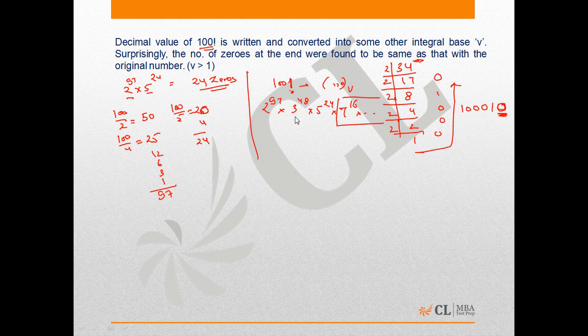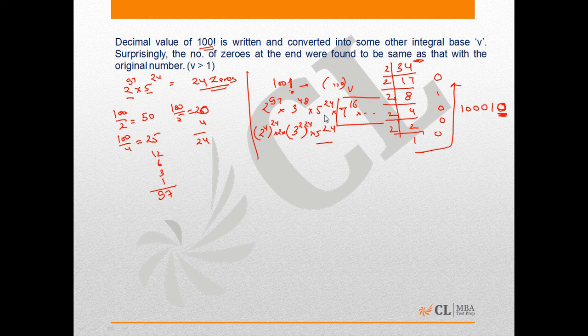Similarly, 3 to the 48 can be written as 3 squared raised to power 24, so the value of v can be 9 also. Similarly, 2 to the 97 can be written as 2 to the power 4 raised to power 24, and the leftover 2 will be left out, which is of no use to us. So the value of v can be 2 to the power 4, or 3 squared, or 5, or any multiple of these values, right? Because the power in all these cases is exactly 24.